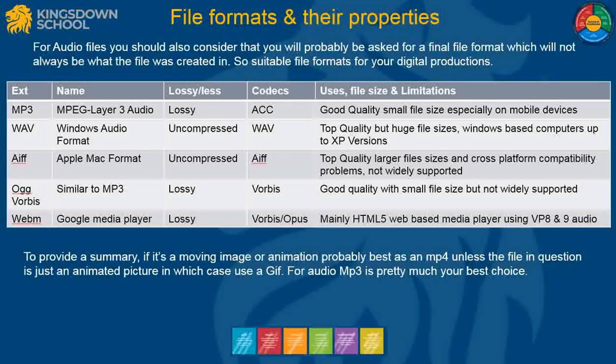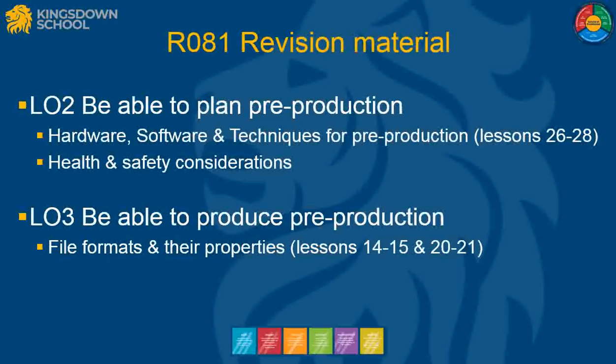I'll also take you back to the top here and just remind you, of course, that should you need to, having a look at the hardware, software, and techniques in greater detail, you can go to lessons 26 to 28. That covers those three. And if you want to have another look at the file formats for the still images, that's lessons 14 and 15, and for moving images and audio, then you're talking lessons 20 and 21. All of those are available on the Google Drive, the shared drive there.